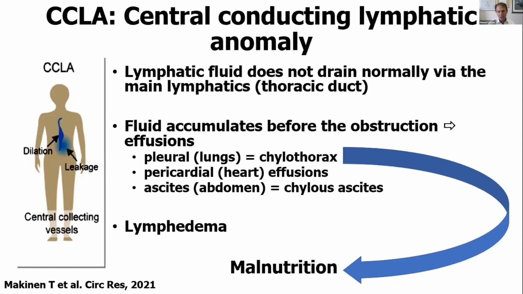And so fluid will accumulate and will result in effusions: pleural effusions like a chylothorax, pericardial effusions around the heart, ascites with an effusion in the peritoneum. And it can also result in lymphedema, with the legs, for example, becoming very swollen, or the arms becoming very swollen. And again, all of these things will result in malnutrition.